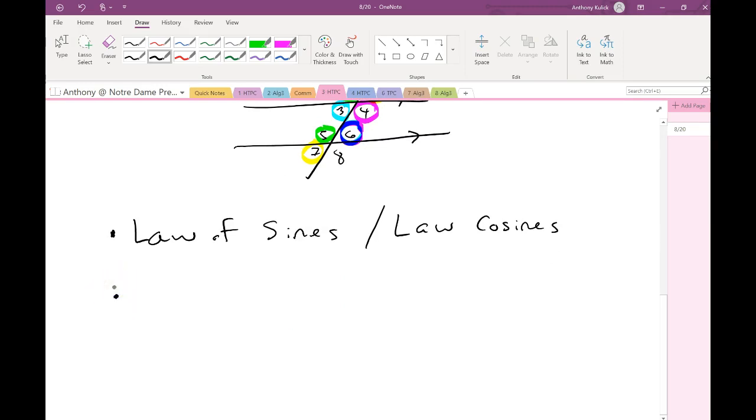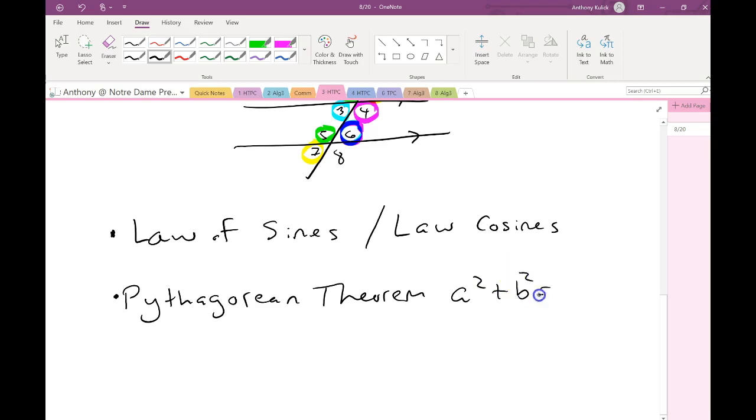Related to the law of cosines specifically, there's something that we haven't talked about yet that's a really fundamental idea with regard to triangles. That's the one I was hoping for. Which is a squared plus b squared equals c squared. But not all the time. It has to be under a specific circumstance.